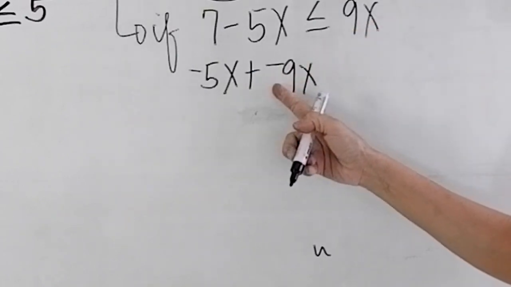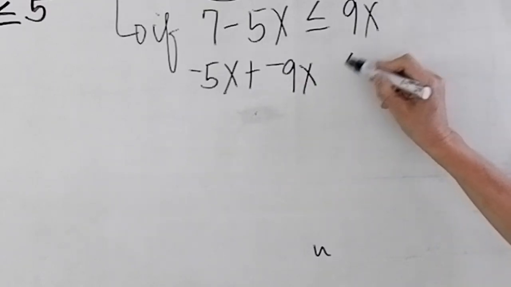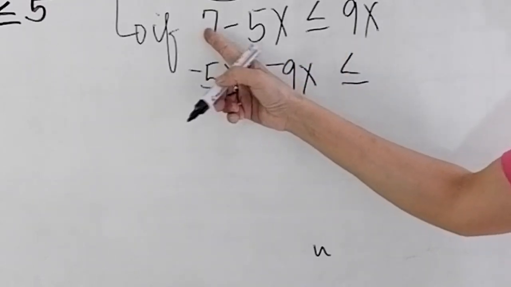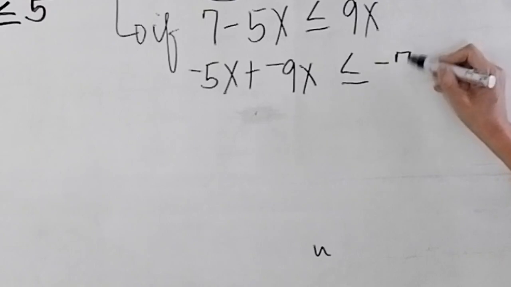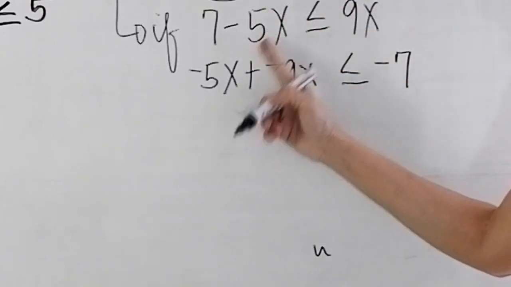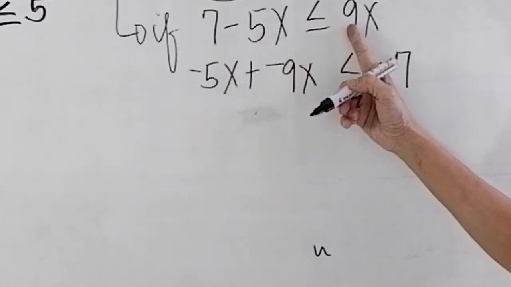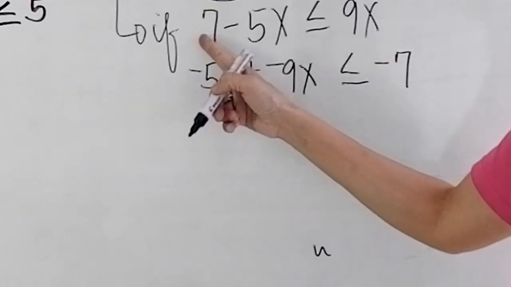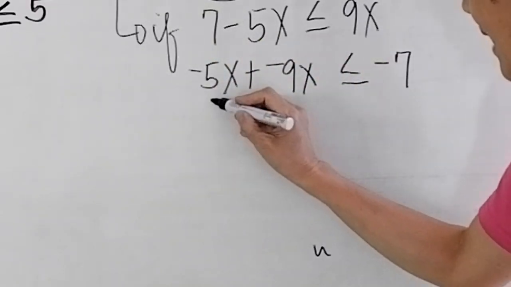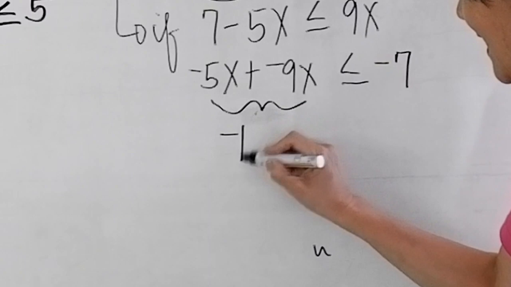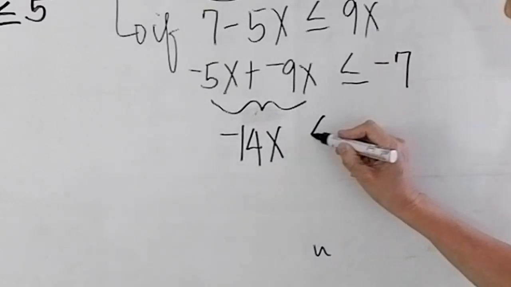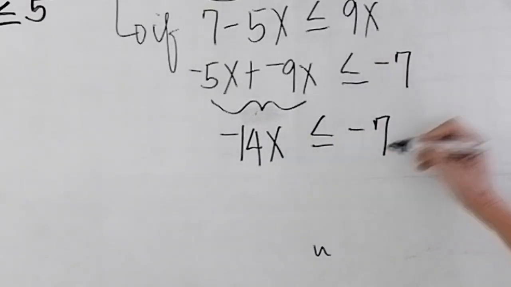Again, I transpose this to the other side. Is less than or equal to, you also transpose 7 to the other side. Repeat, negative 5x, transpose this, it becomes negative, and 7 becomes negative. So add these two, you get negative 14x is less than or equal to negative 7.